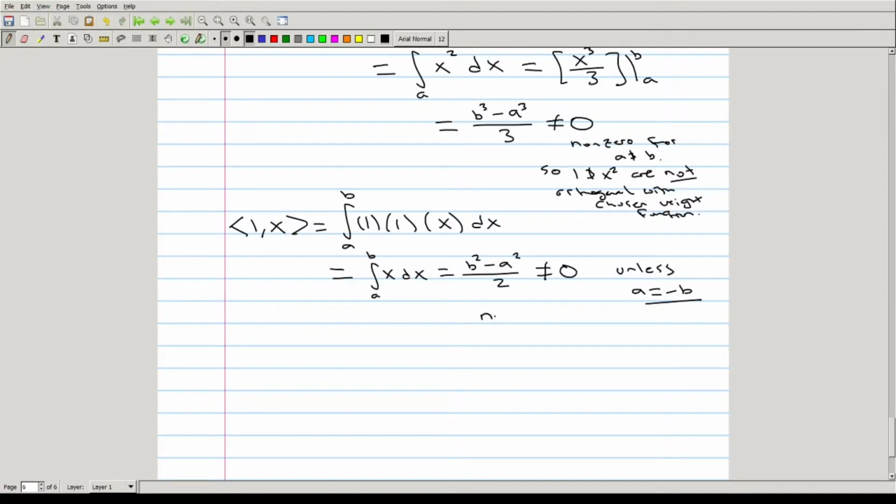So these are not orthogonal unless the interval I is a symmetric interval surrounding 0 of the form negative b comma b.